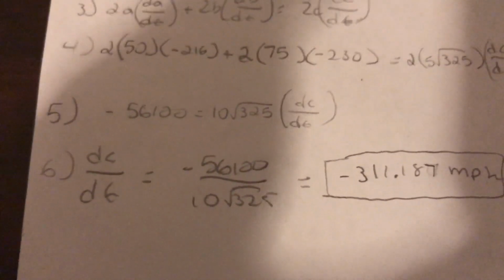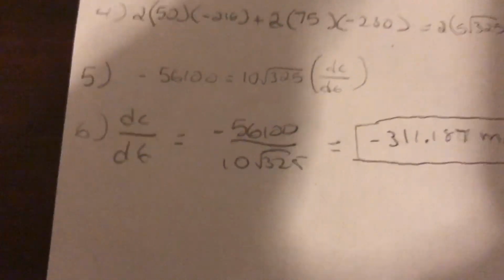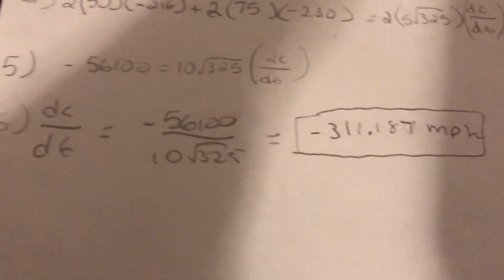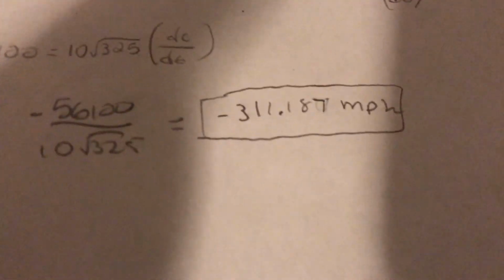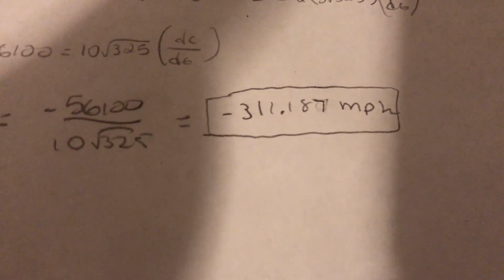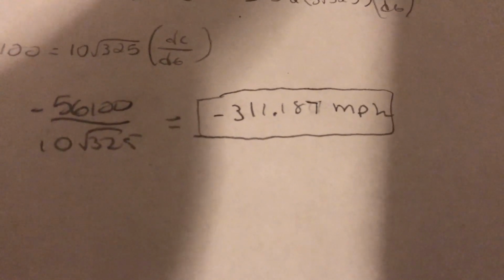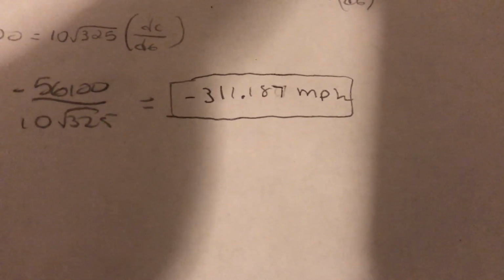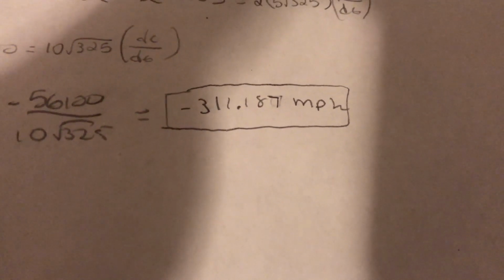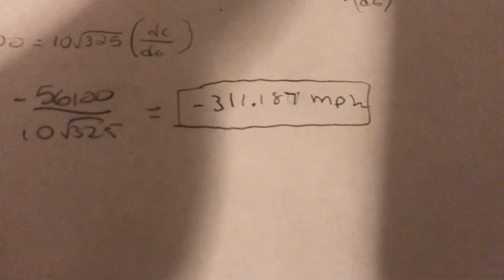If you divide to isolate dC over dt, you get the answer, which is negative 311.187 miles per hour. That is how fast the distance between me and Officer Clifton is unfortunately decreasing.